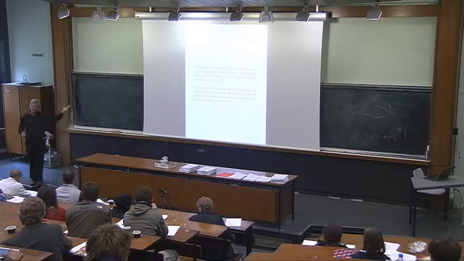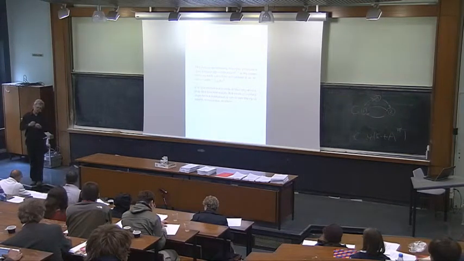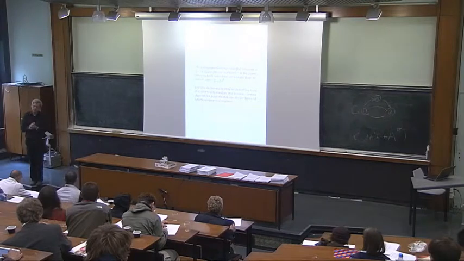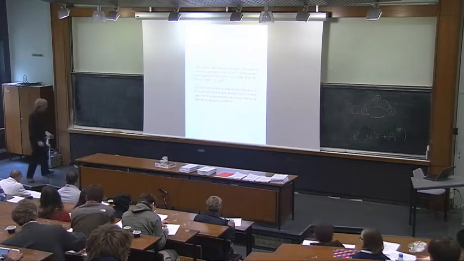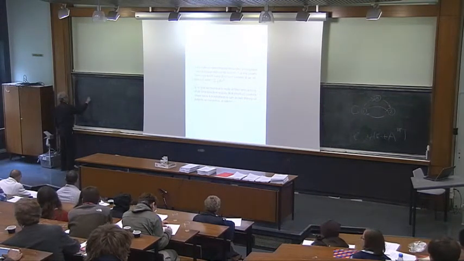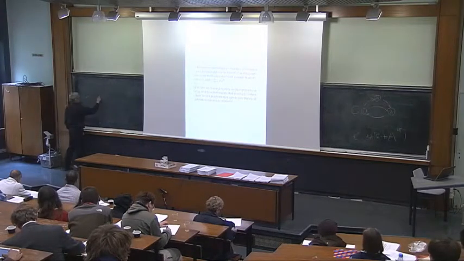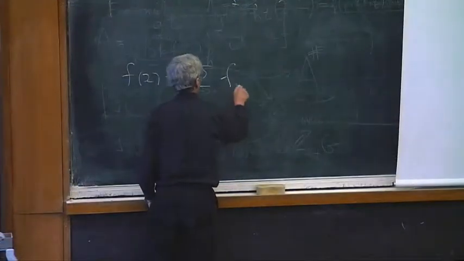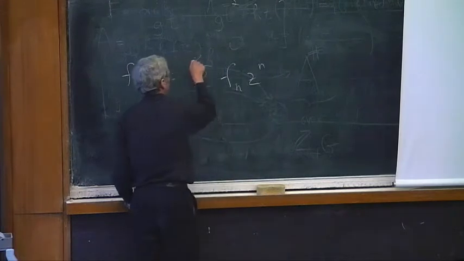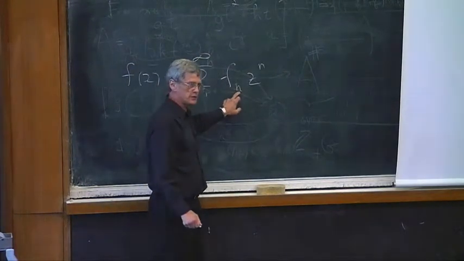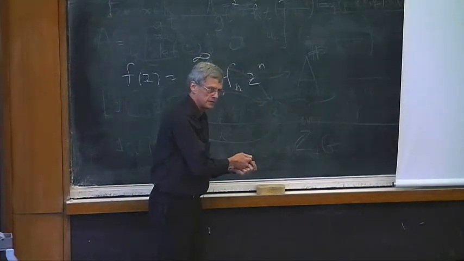We looked at this function f, which was given by the number of first return loops. F was a power series, just as we might be looking at here. F of z was the sum f_n z to the n, where f_n was the number of first return loops back to that chosen base vertex.